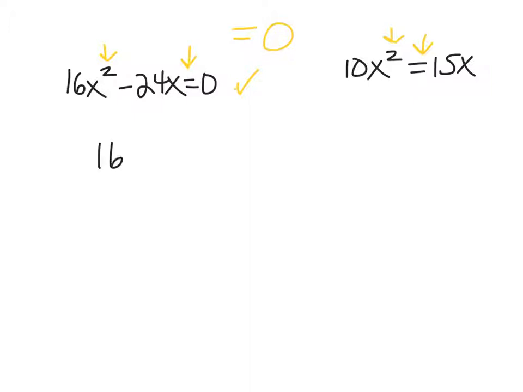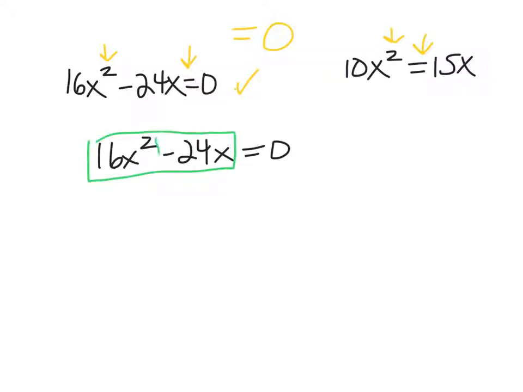So I have 16x squared minus 24x equals 0. And I'm going to put the skinny box just around the terms on the left side. What would be my GCF? What's the biggest thing that goes into 16 and 24? 8. I have x squared and x, and I can take out an x.